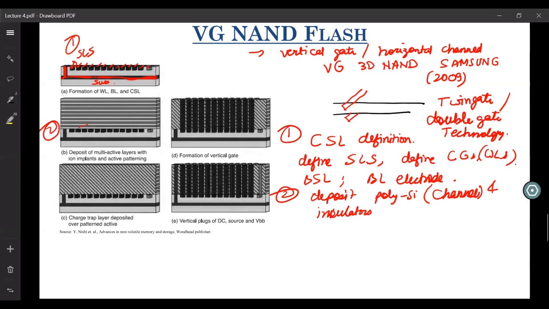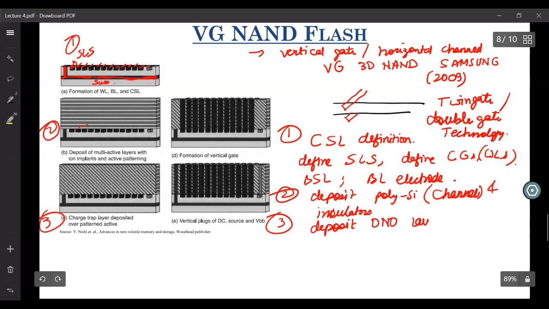Then in the third step, you deposit your ONO layer on top of this polysilicon channel, or on the sides of this polysilicon channel. If you have deposited these stacks like this, the ONO layer will be on this side and it will be on the opposite side as well.